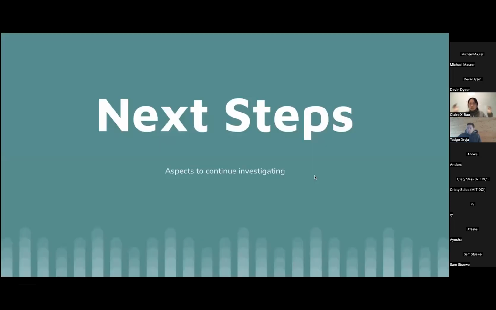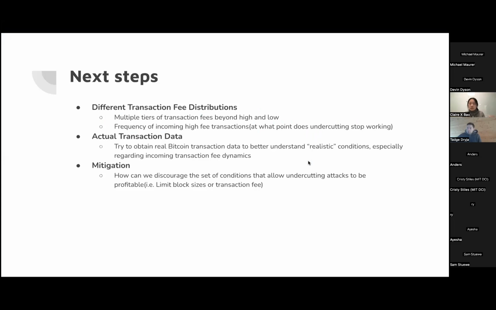So that's in general the current progress that we've made, but there are many other aspects that we'd like to continue investigating. The first of which is that there are many different types of transaction fee distributions. Right now, we're looking at a sort of simplistic one, where there are a majority of low fee defaults and a few high fee transactions, but there can be multiple tiers of different transaction fees beyond just high fee, low fee.